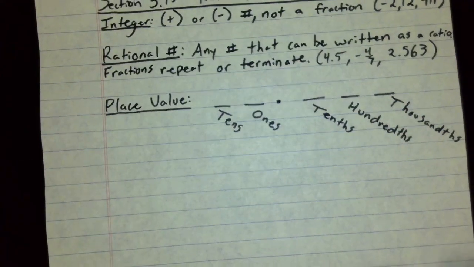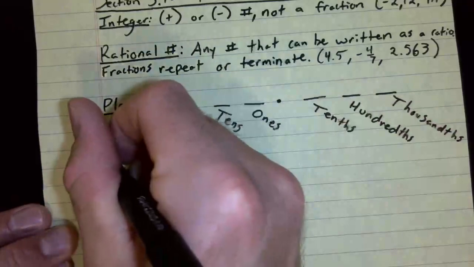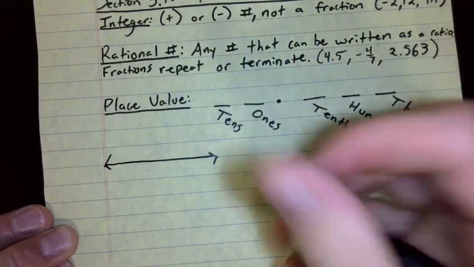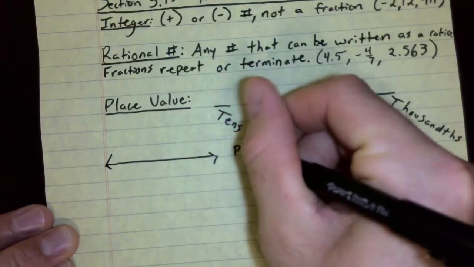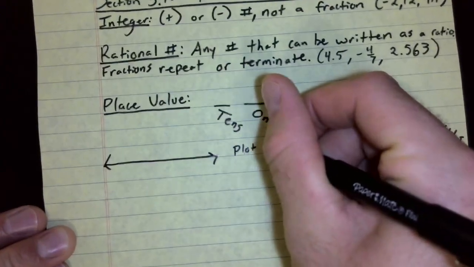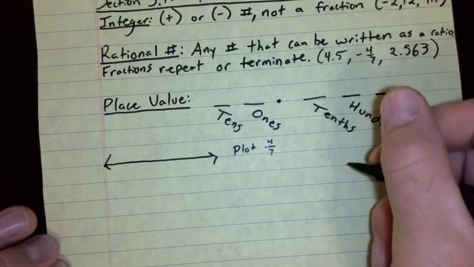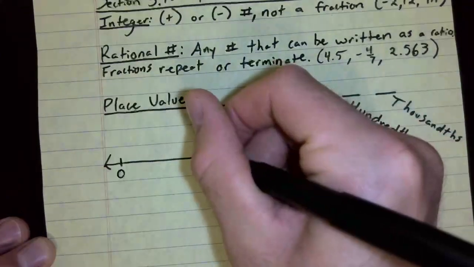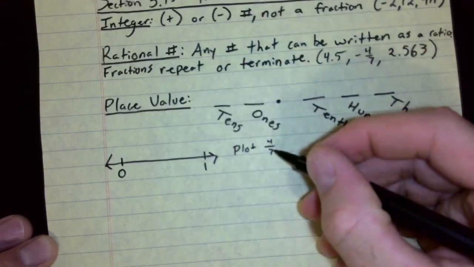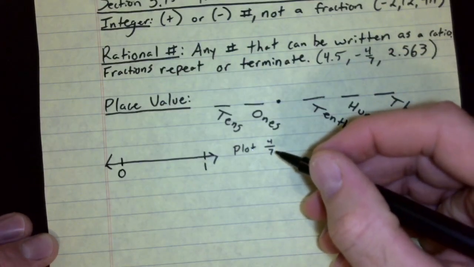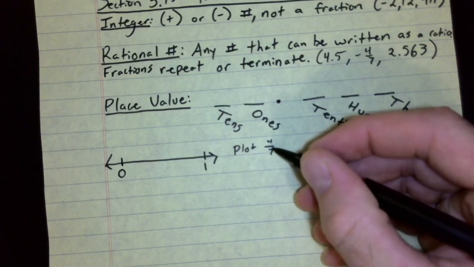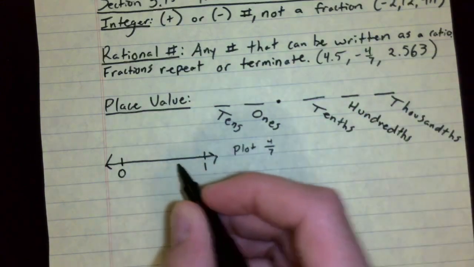That's it. So when we plot something, let's say 4/7, what we do is we start with our whole numbers 0 and 1, because we know this fraction is greater than 0 but less than 1, and the denominator tells you how many pieces to break up your intervals by.